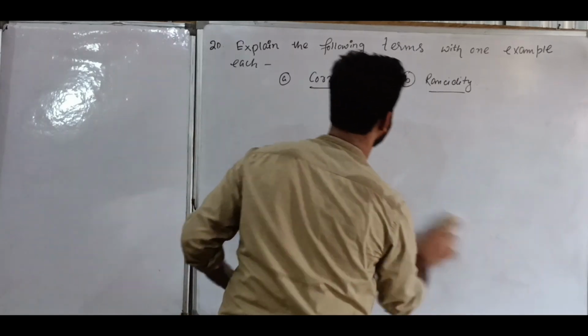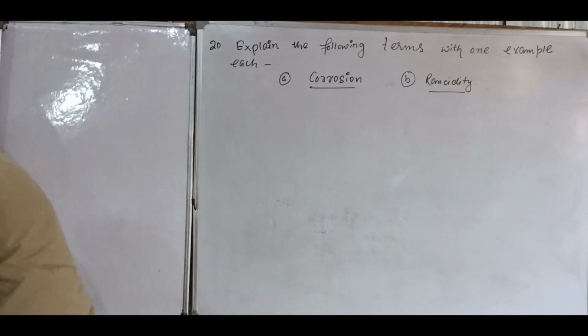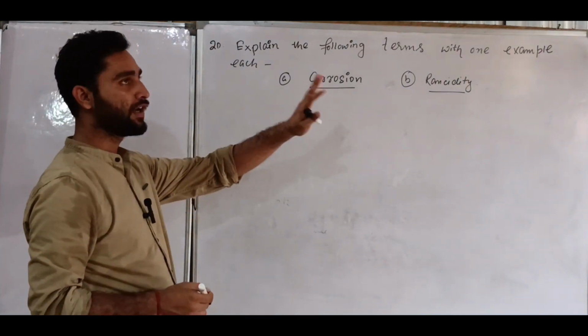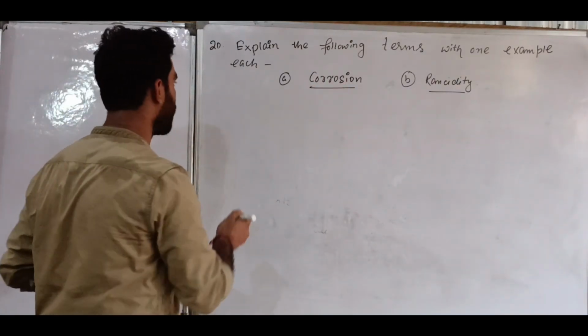Next, rancidity. We know this is the oxidation of the oils and fats present in our food items.